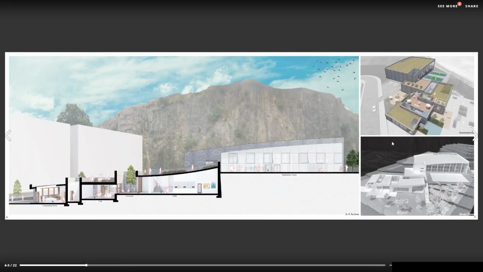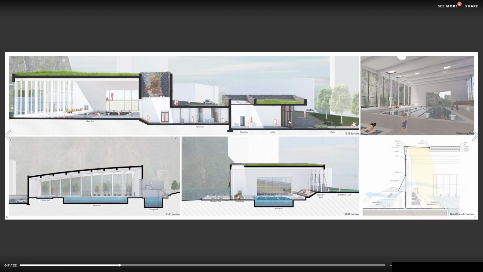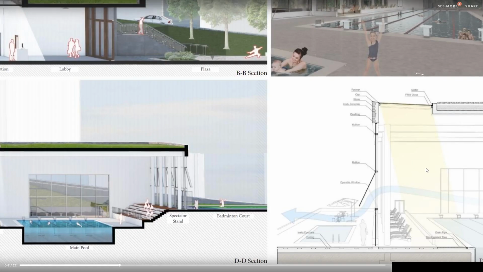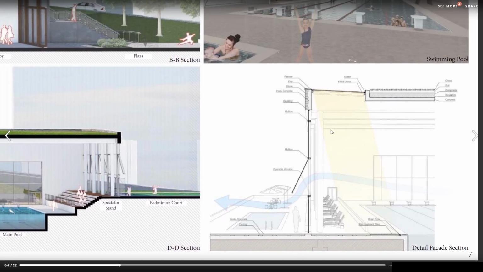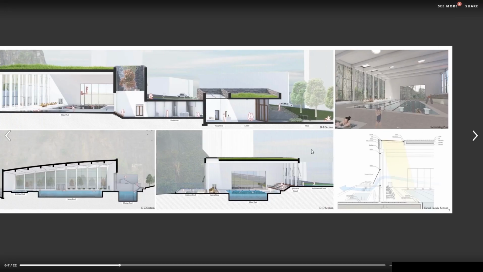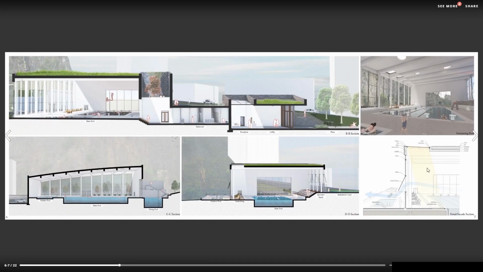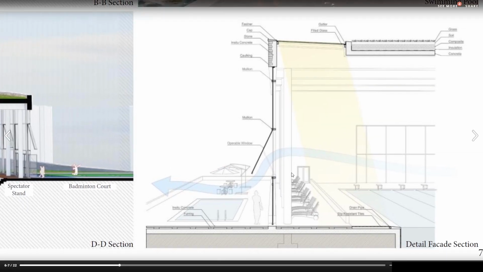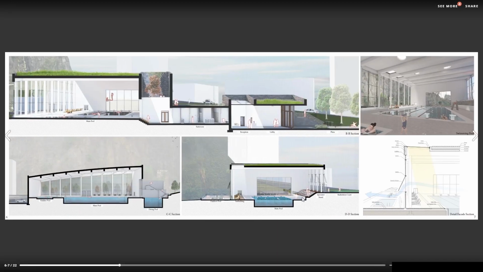Or like this, where there are level changes and things, really interesting. And then you have this detail section over here, but unfortunately it just kind of gets lost, because there are these highly saturated things over here, and these things have only a little bit of saturation. And as a standalone diagram, I think this is nice, but it's hard for it to compete against these things on the same page.